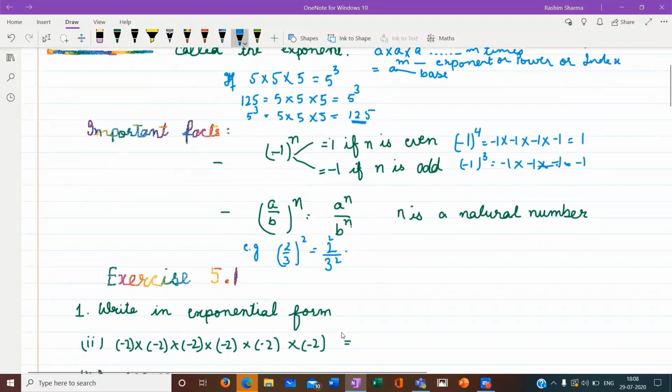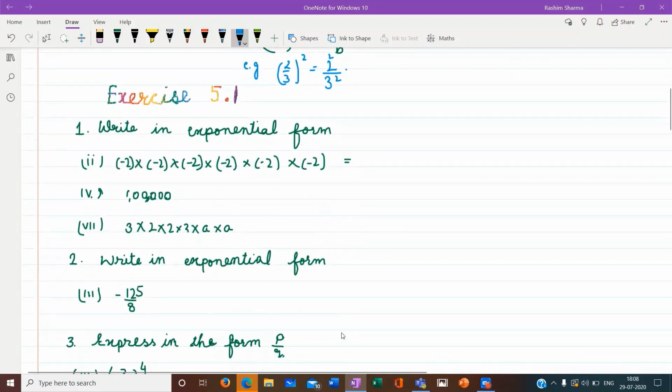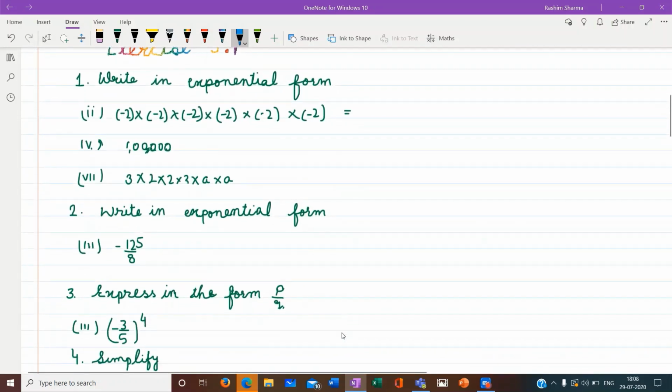Alright, now let us start with exercise 5.1. Here the first question is, write in exponential form. We know the number of times a number is multiplied, that is the exponent. Here we can see minus 2 is multiplied 6 times. So its answer will be minus 2 raised to power 6.